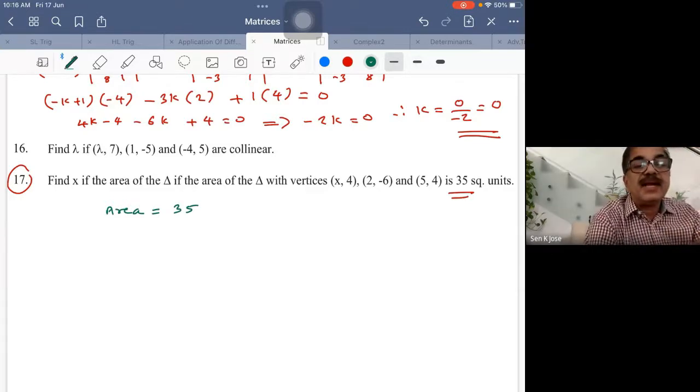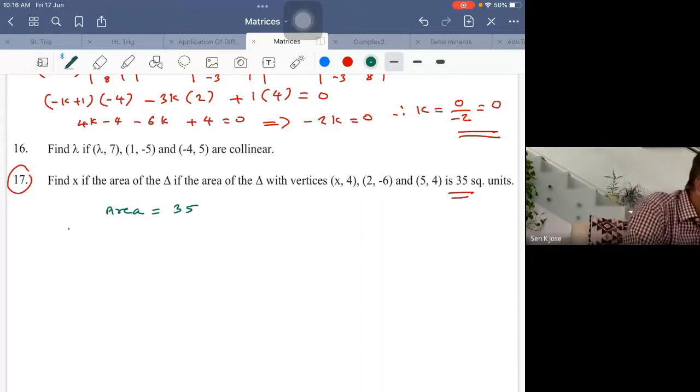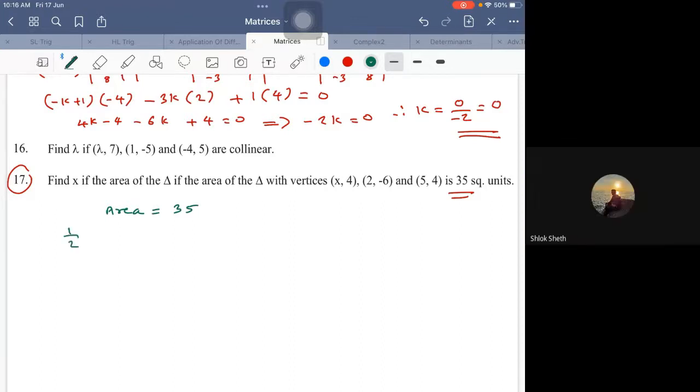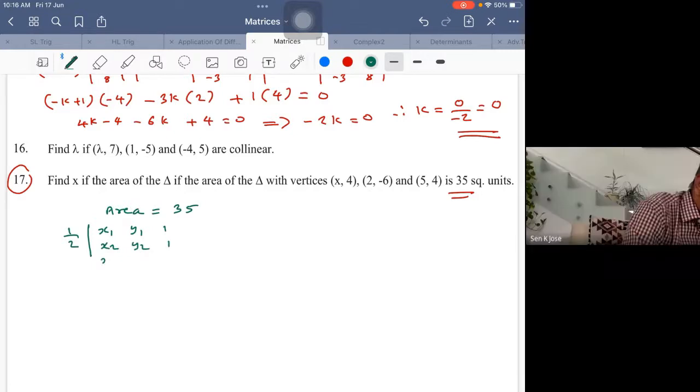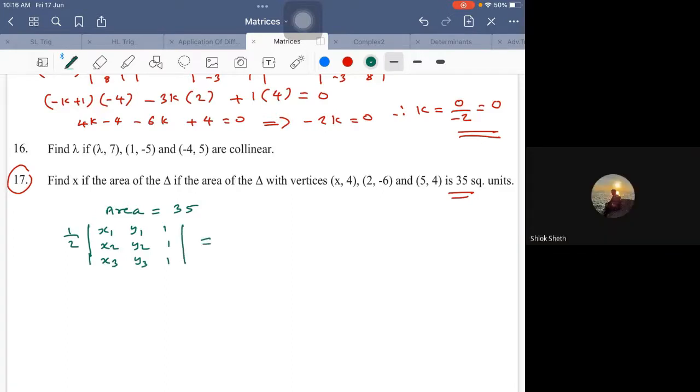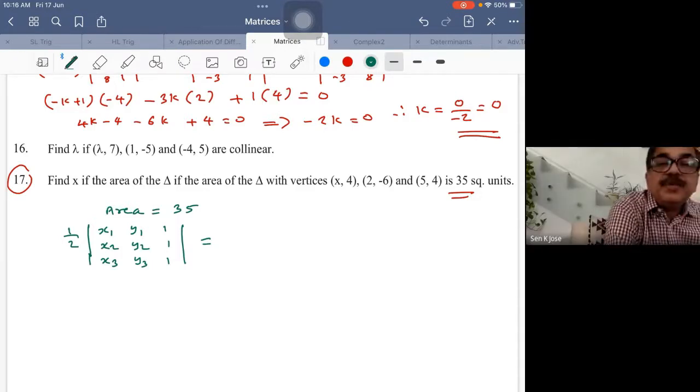Shlok, can you tell me the formula? Half determinant: x1, y1, 1; x2, y2, 1; x3, y3, 1. Determinant should be equal to the area, 35.